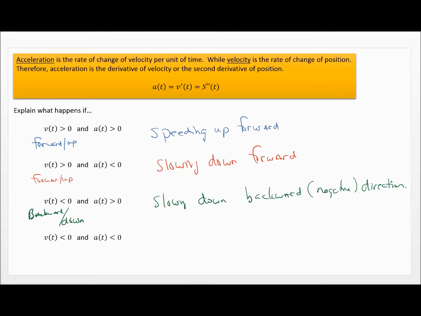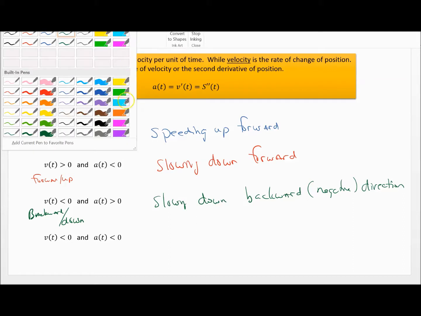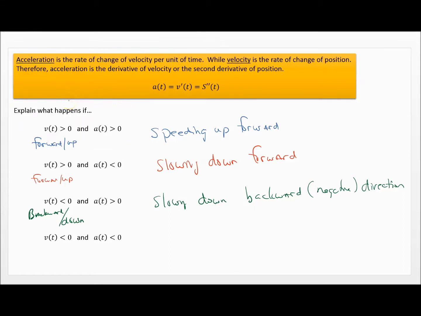Okay. The last situation. v of t is less than 0. Once again, we're talking backward. No matter what's going on with acceleration, if v of t is less than 0, it means you're either going backwards or you're going down. You're going the opposite of the positive direction, however it's set up.